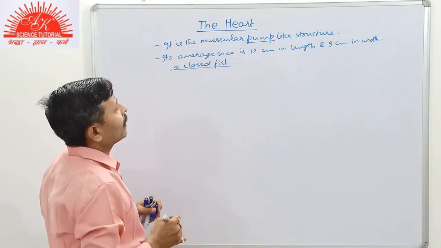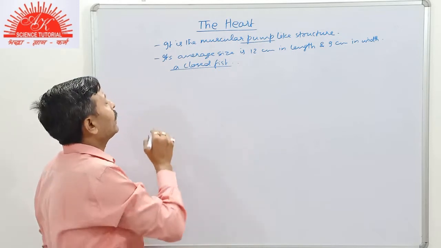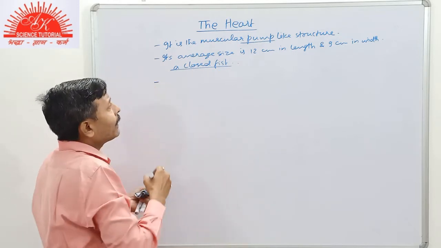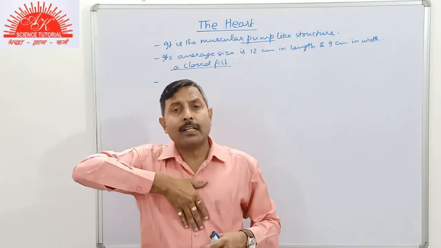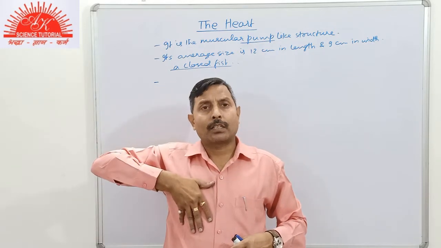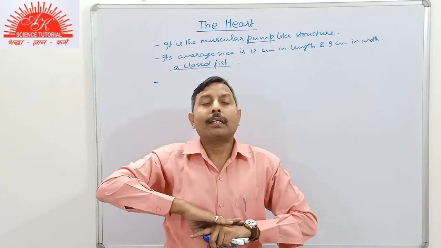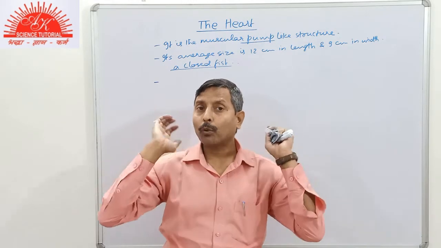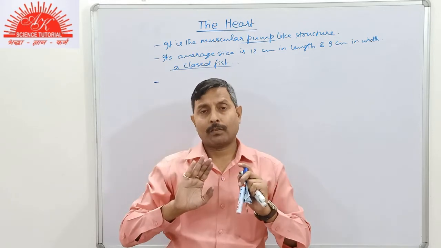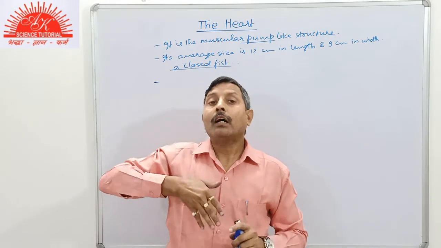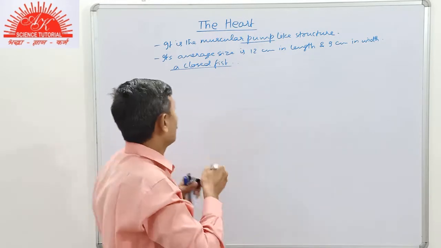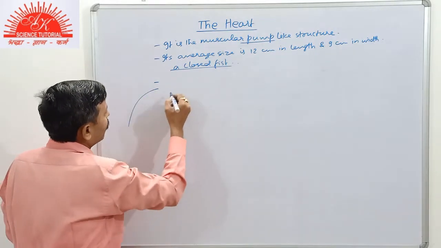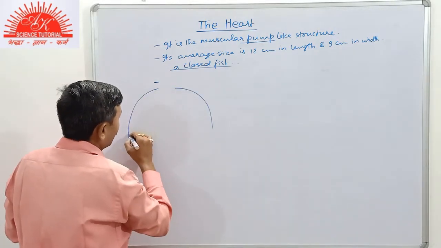Now, next point. The heart is placed centrally in between the two lungs, above the diaphragm, that is in the thoracic cavity. It is protected by the rib cage. Suppose you draw a diagram of this one.